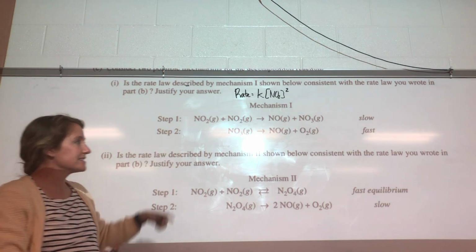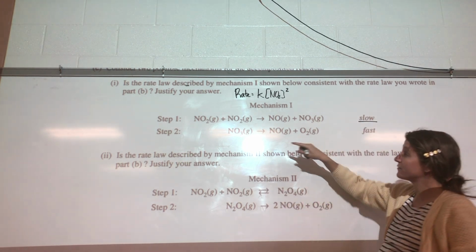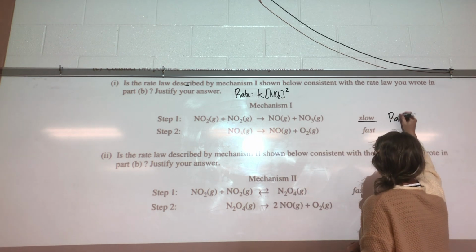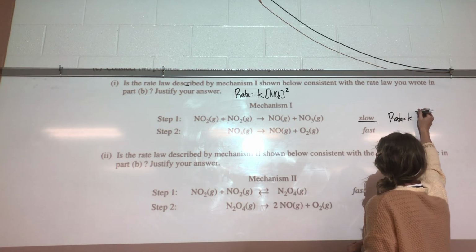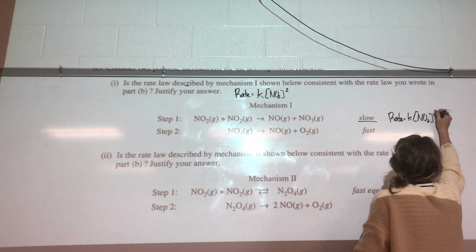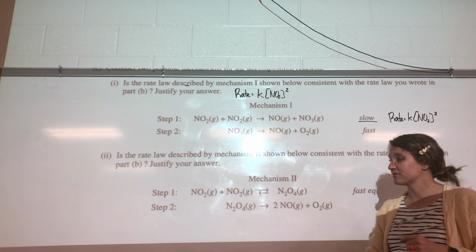Rate laws with mechanisms are all about the slow step. When the slow step is first, you can just translate it into a rate law. So the rate would equal K, and you have NO2 and NO2, so NO2 squared. So yes, it does match. Justify your answer. Okay.